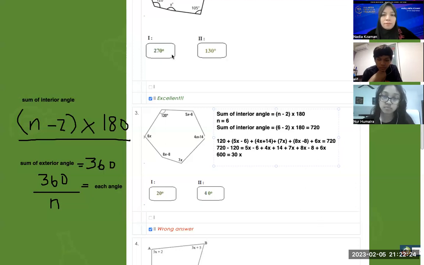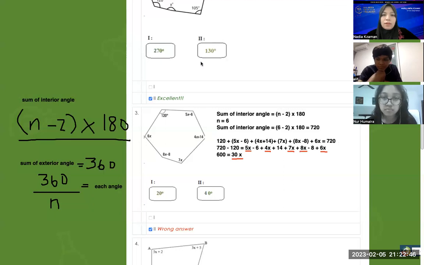Am I correct? Okay, wait. I have to highlight one by one. For the x's, this is the x's that we need to calculate. So this is the x's that we get, 30x, correct?